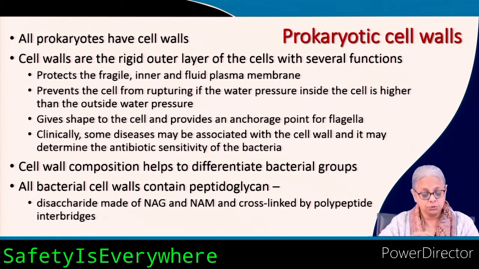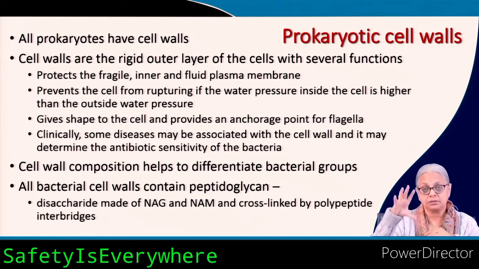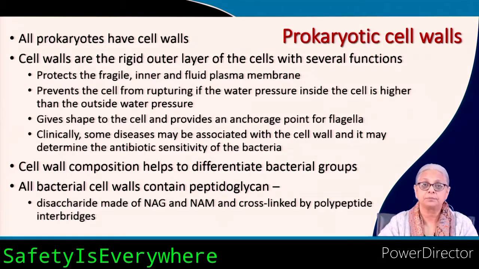So I would ask you to look into the textbook and look at the detailed diagrams of the peptidoglycan wall that is there in different bacterial species. So gram-negative, gram-positive bacteria have different levels of peptidoglycan in their cell wall, and the structure is different based on these polypeptide interbridges, but the building blocks are the same: NAG, NAM.